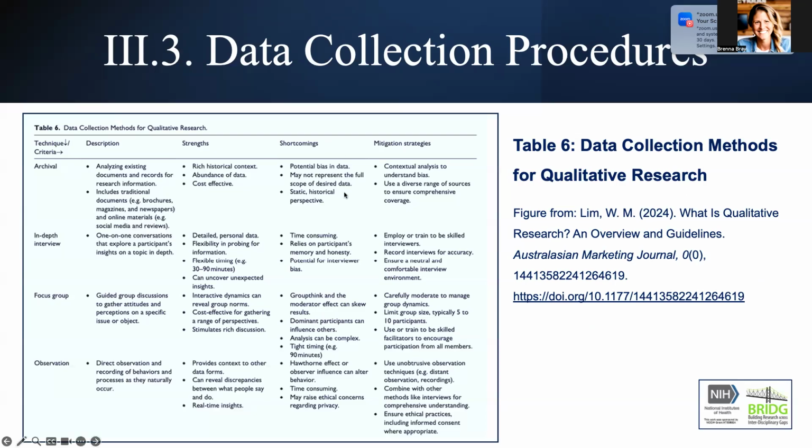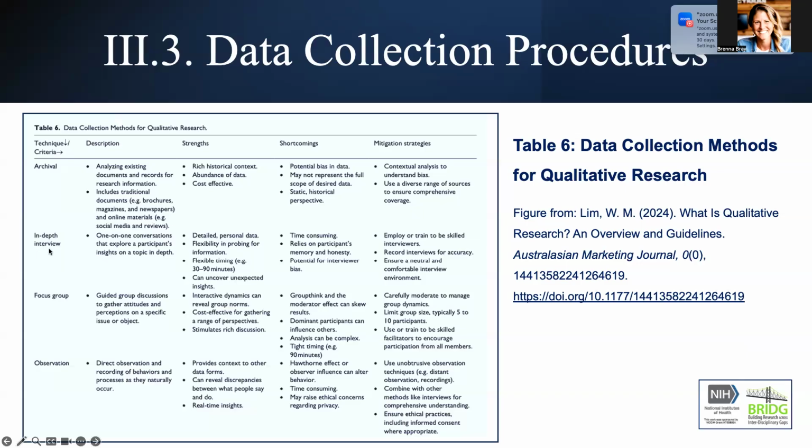It might not represent the full scope of the desired data, and it tends to be very static, especially rooted in a specific historical perspective. So it can have more of these quantitative properties, kind of gestaltian. Some mitigating strategies to address those shortcomings might include contextual analyses to understand biases, and we might use a diverse range of sources to ensure comprehensive coverage.